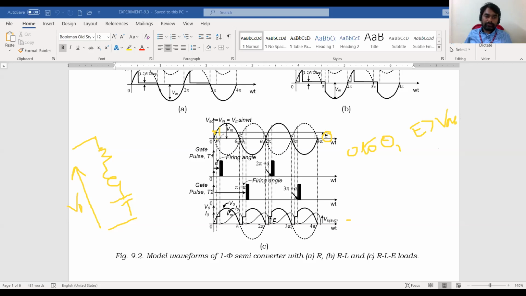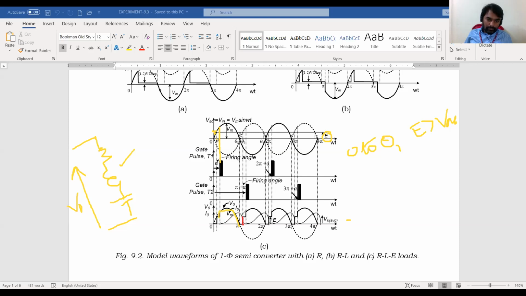From this point on, if I trigger T1, T1 and D2 will conduct and you will get positive voltage across the load. Since there is an inductance in the load, the current has to lag the voltage by some angle, charging, thereafter discharge. It is discharging completely at this particular point.